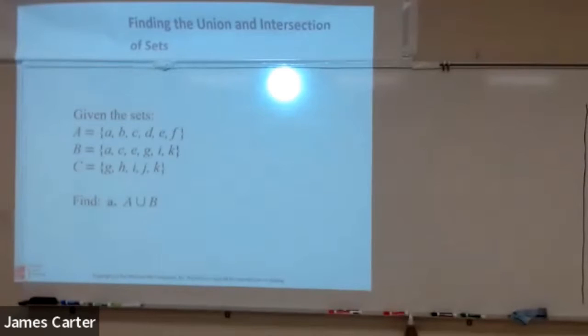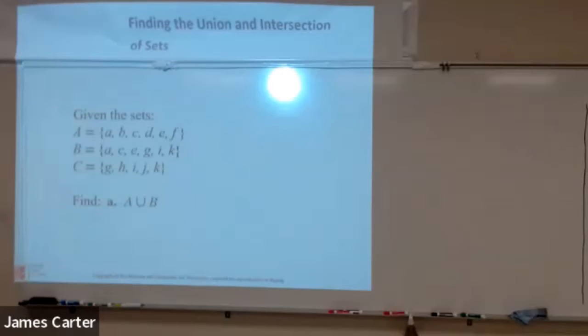Okay, now we're going to just do an illustration here. You're given three sets. Set A has these letters in it. Set B has these letters in it. Set C has these letters in it. It asks you to find A union B. What does union mean? Anything contained in either of them.